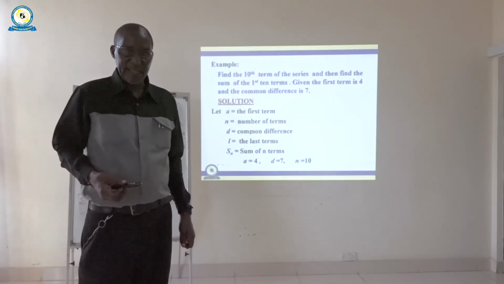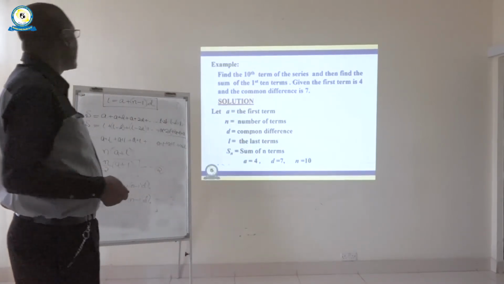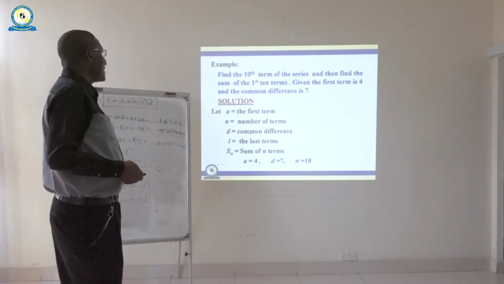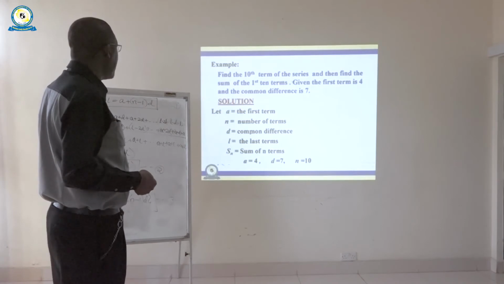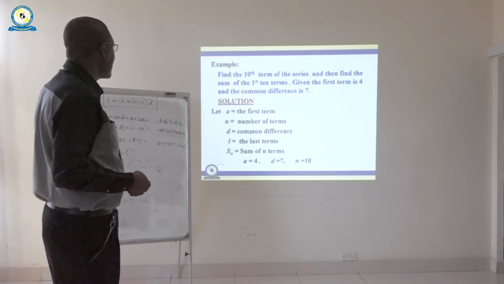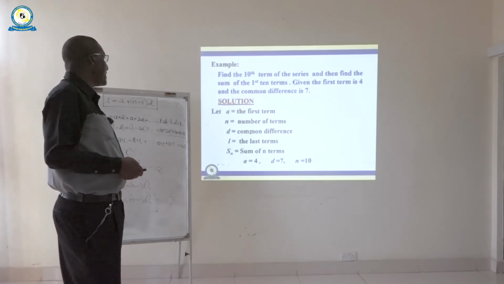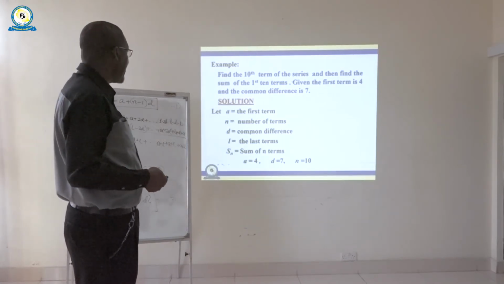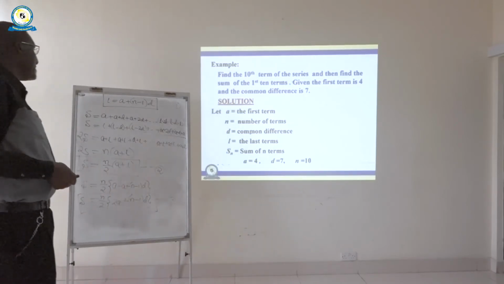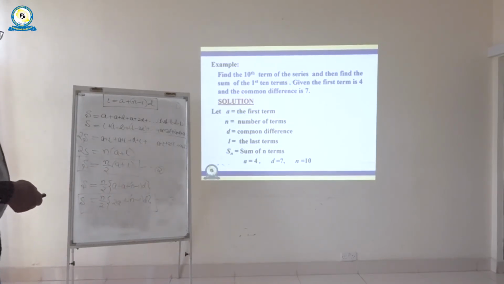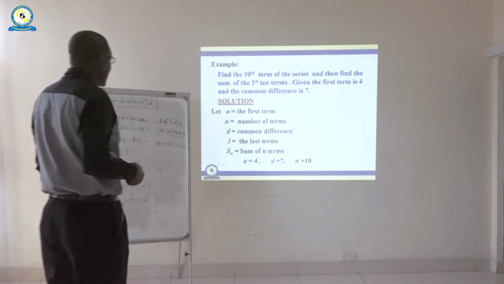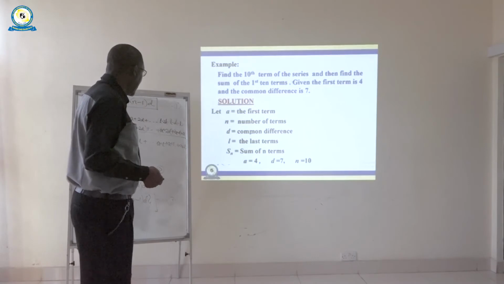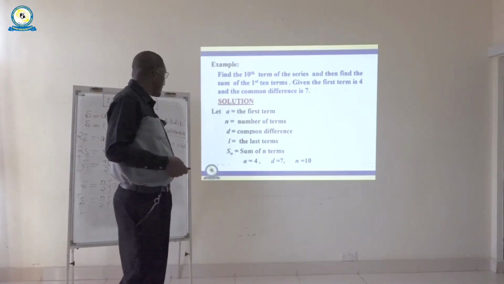Now let us go to the example. Find the 10th term of the series, and then find the sum of the first 10 terms. Given the first term is 4, and the common difference is 7. Let A be the first term, N the number of terms, D the common difference, L the last term, and S the sum of terms.